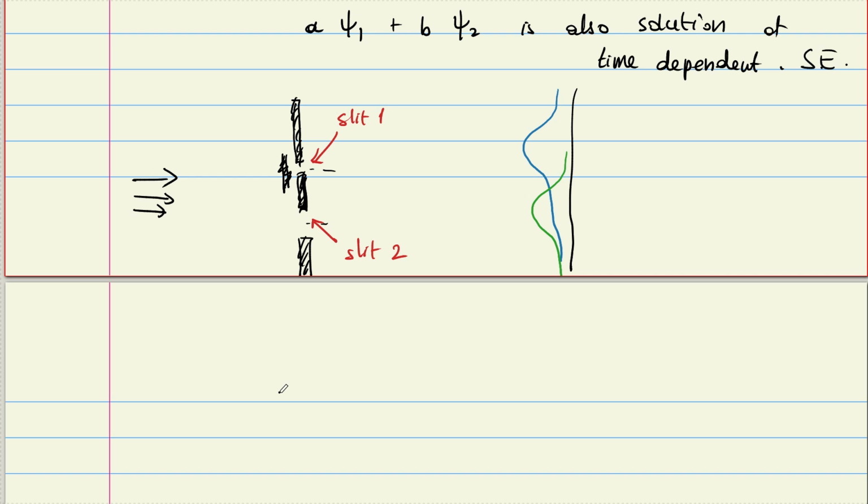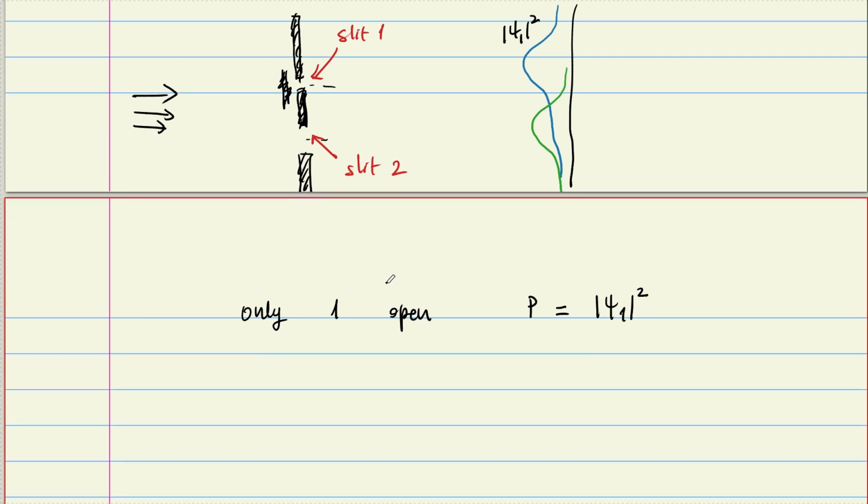So with only one open, this one is psi 1 squared. The probability to hit a point on the screen is psi 1 squared. With only 2 open, the probability to hit a point on the screen is psi 2 squared.